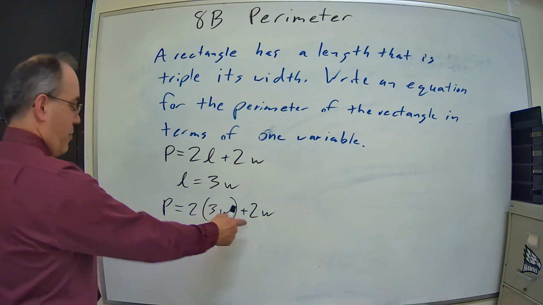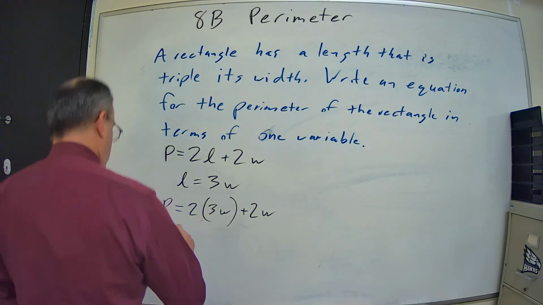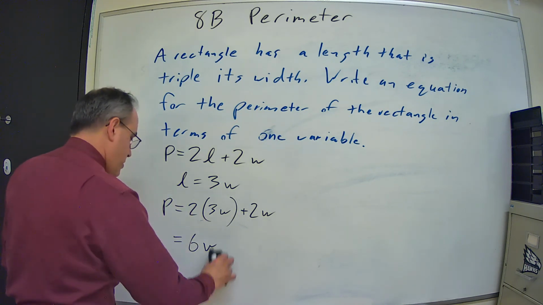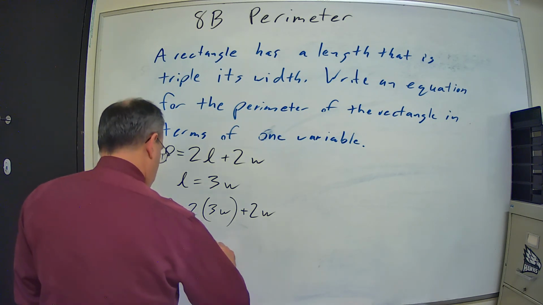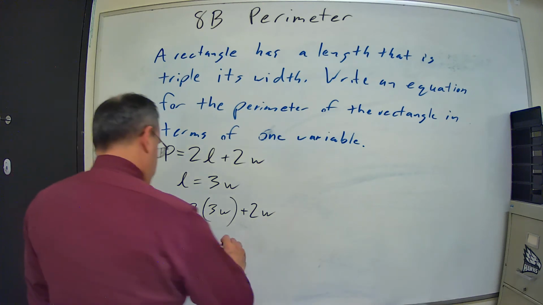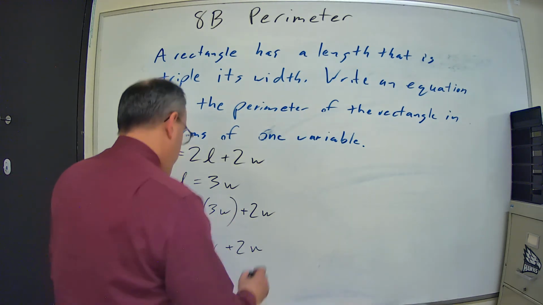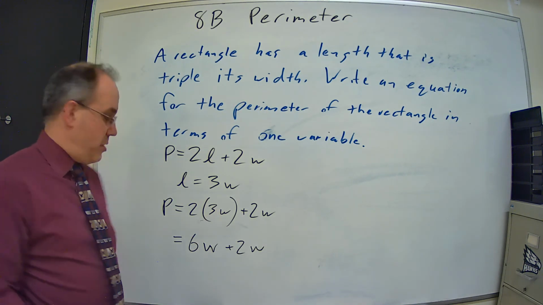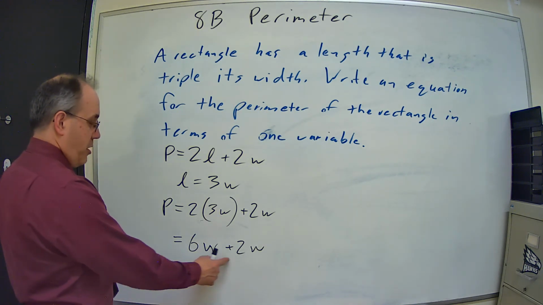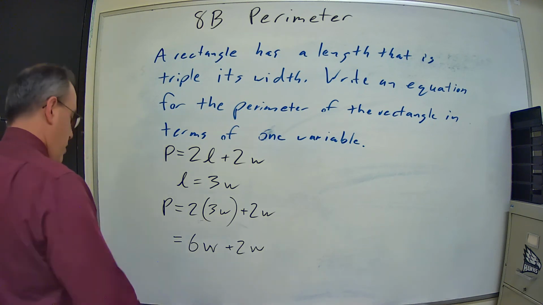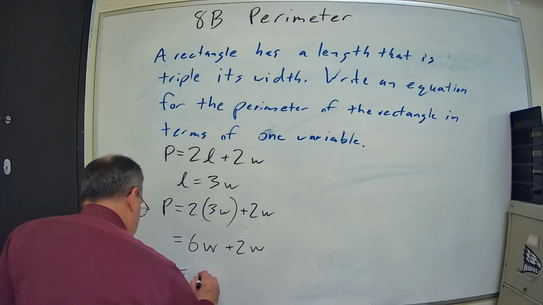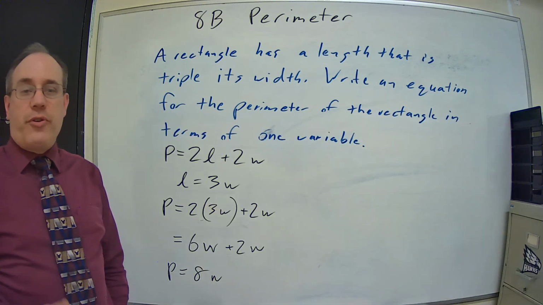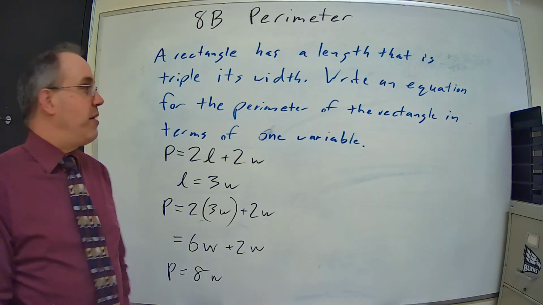I see this 2, I'm going to multiply it by the 3W, so it is equal to 6W. 2 times 3 is 6. Plus 2W. And if you remember combining like terms, we have 6 W's. If we add 2 more W's, we end up with the perimeter is equal to 8 W's, or the perimeter is equal to 8 times the width.